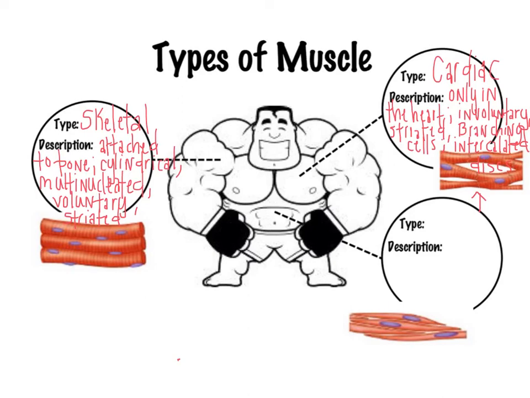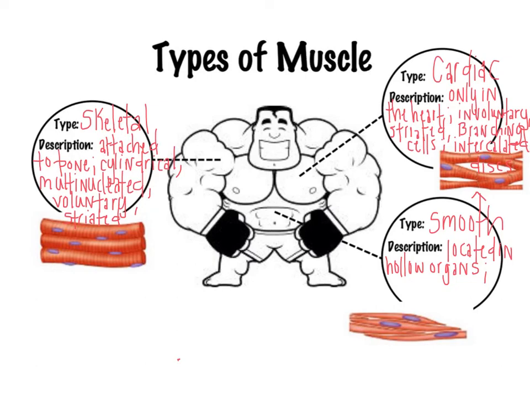All right. And then our last one there on the right, this is smooth muscle. It is located in hollow organs. So think about your intestines, your stomach, muscles contracting to get food through your digestive tract.